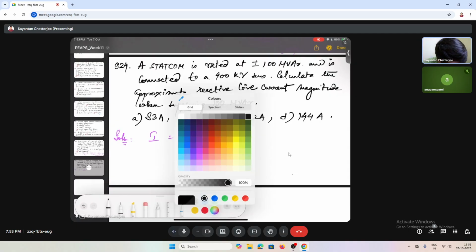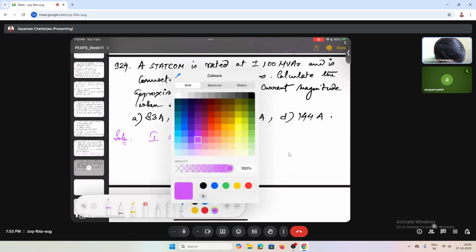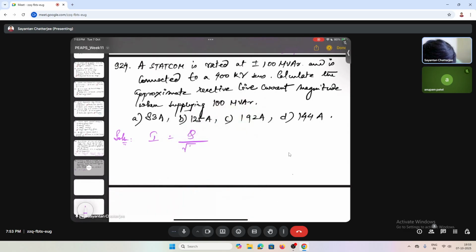Okay, just let's solve it. So 100 MVAR is 10 to the power 6, and root 3, and line voltage is given, so 400 into 10 to the power 3. If we solve it, it will be approximately 144. If you just check.